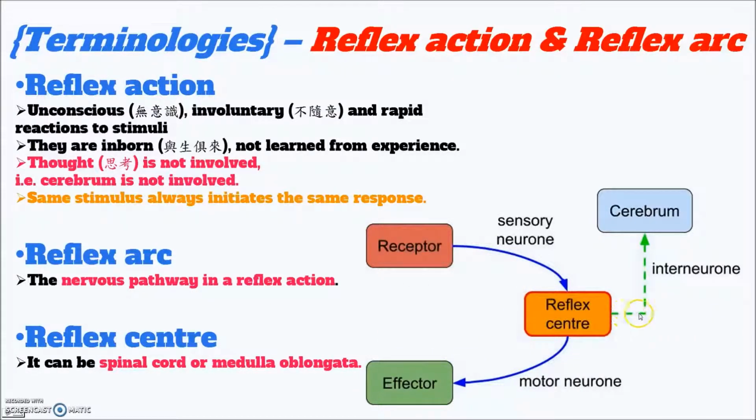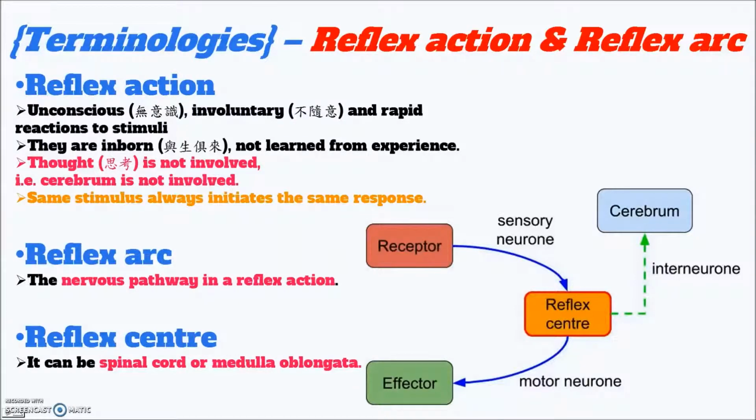And the green dotted line pointing towards the cerebrum is the way to transmit the nerve impulse to the cerebrum for sensation. So that's why once we accidentally touch a pin and perform the withdrawal reflex, we can still feel the pain.